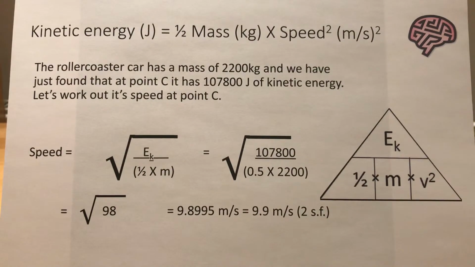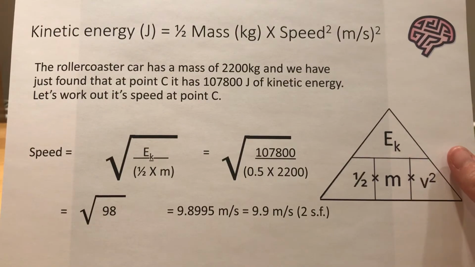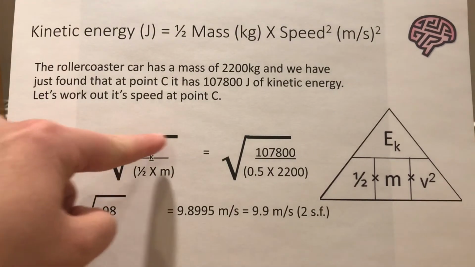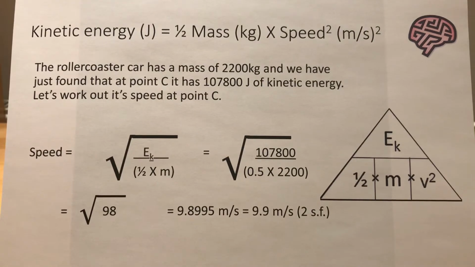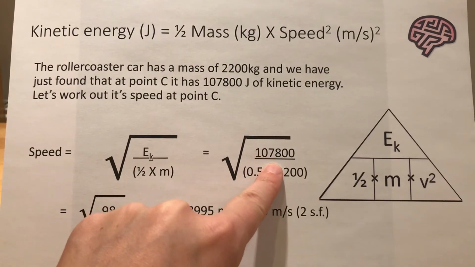Now to work out this rearranged speed equation, I've covered speed and I've got kinetic energy divided by half times mass. Okay, and then because speed is squared, that's why I've put the square root sign around the equation. Okay, that's the last thing I'm going to do. So I've substituted in the information that I know. I know that the kinetic energy at point C is 107,800.